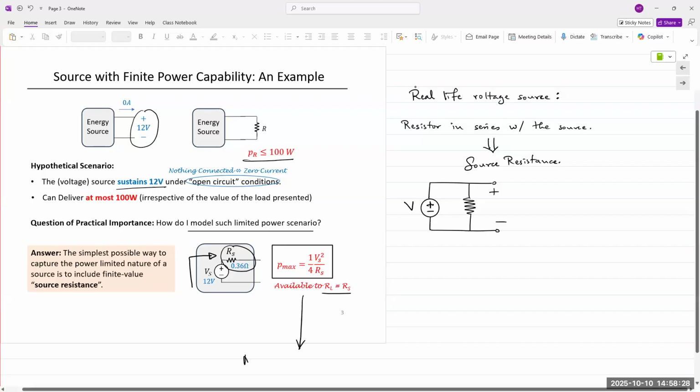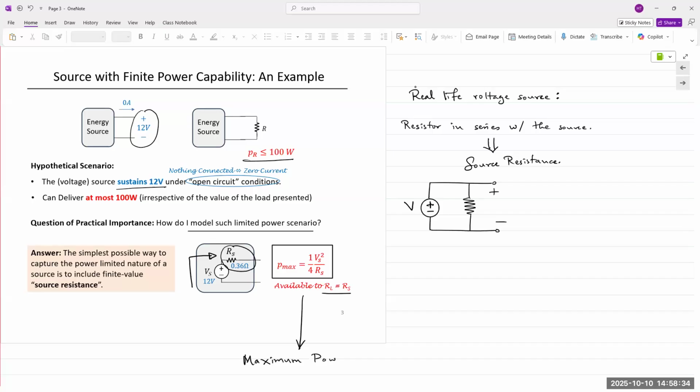And this is known as the maximum power transfer theorem. Maximum power is only transferred from the source to the load when both are matched.